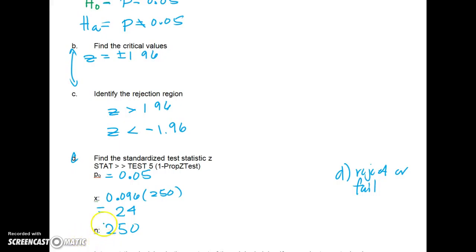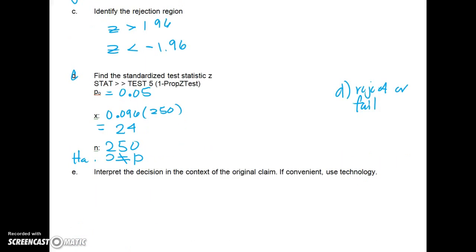Well, because the null hypothesis was P equals 0.05, and your calculator only speaks in the alternative, you're going to highlight where it says not equal to P. All right. Once you have that, beautiful people, go ahead and press enter, or calculate rather, and see what you get.